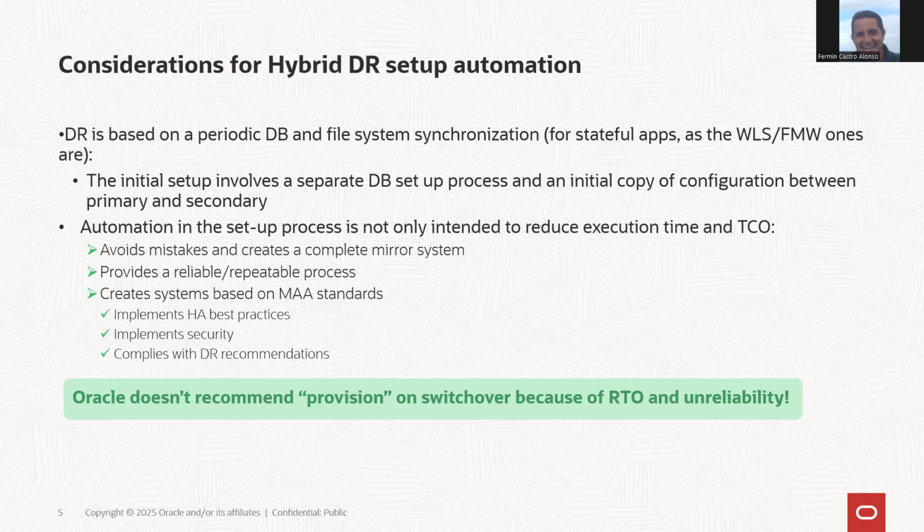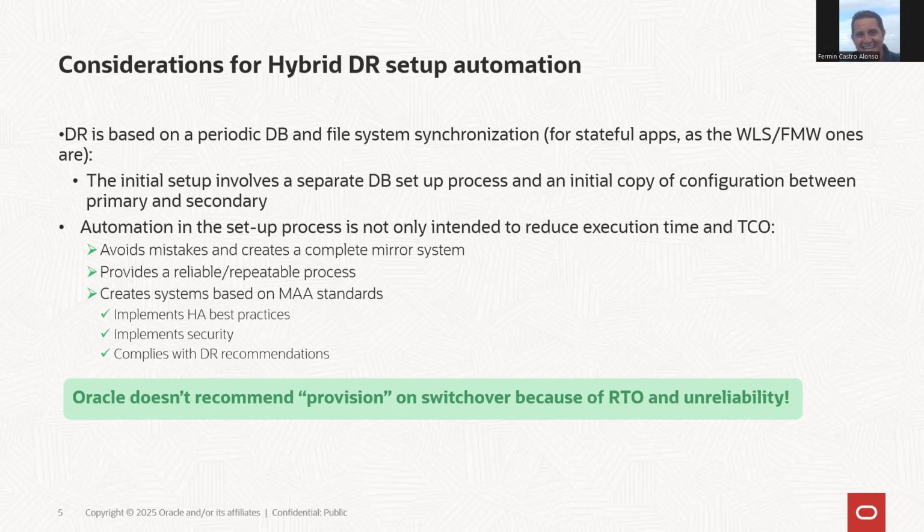We don't recommend these sorts of solutions because we have experience with them, and it's really risky to create all the resources and test everything for the first time when a failover happens. In summary, we recommend using this pre-paired switchover approach, and having everything ready.